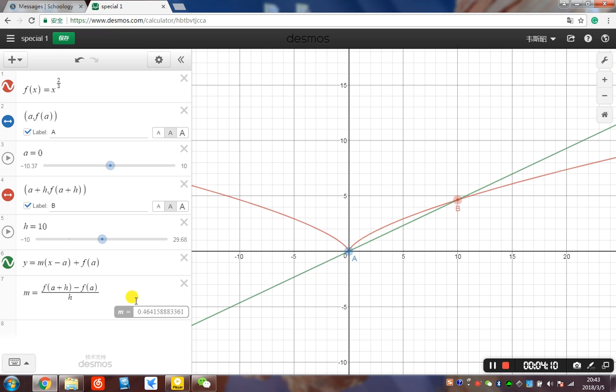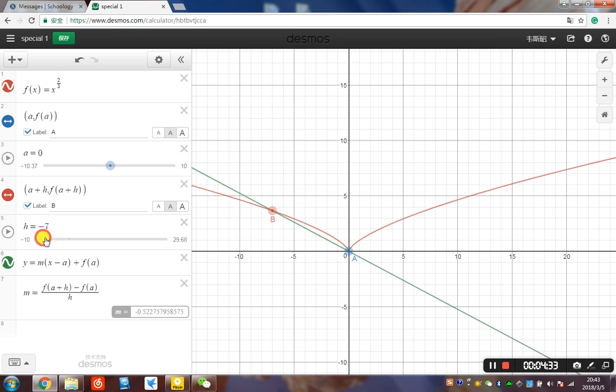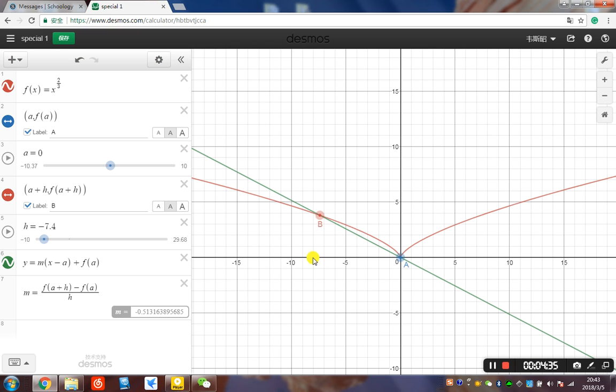It's 0.4 when h equals 10, but when it's approaching 0, it's 0.9. So when h is a positive number, it's going to approach positive infinity.